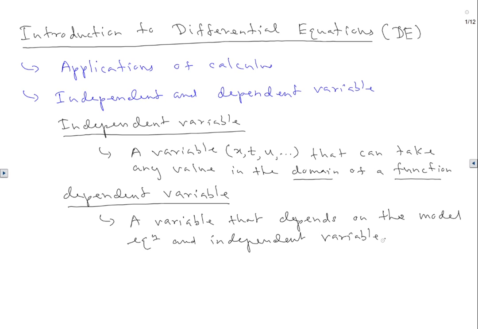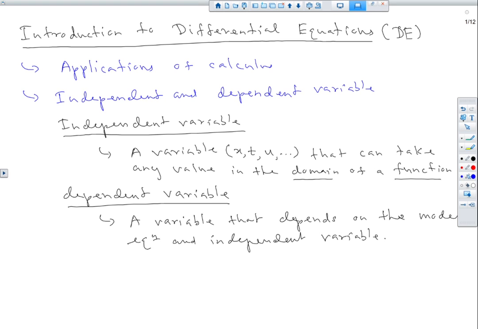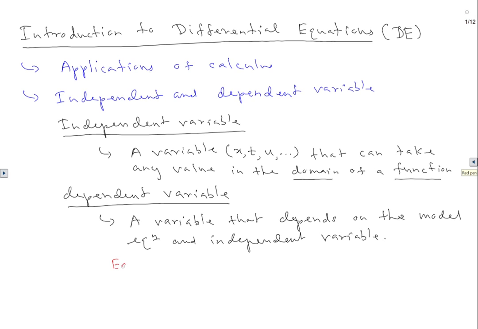What do we mean by these? Let's look at two examples. Let's say we have y equals 1 plus x cubed. You can see that in this case x is the independent variable, and x can take any value.